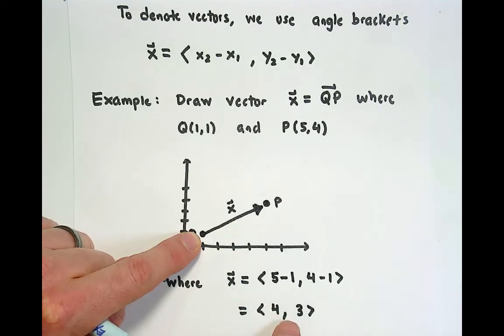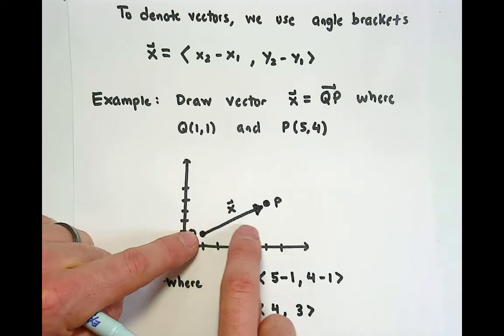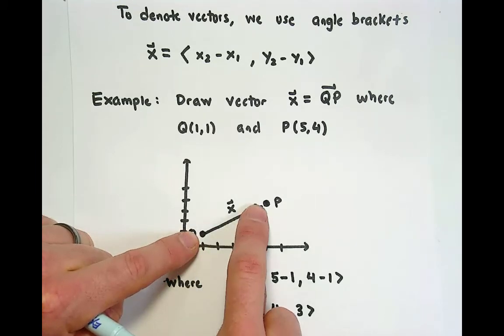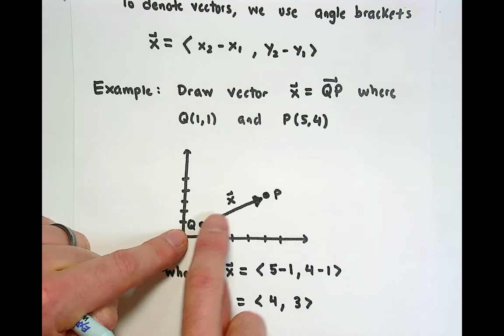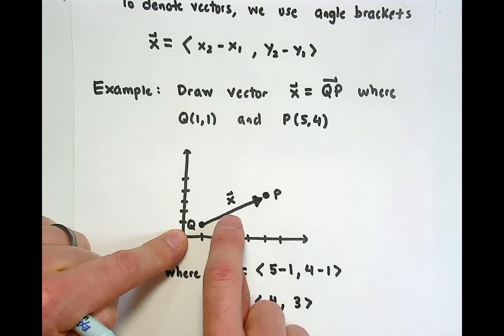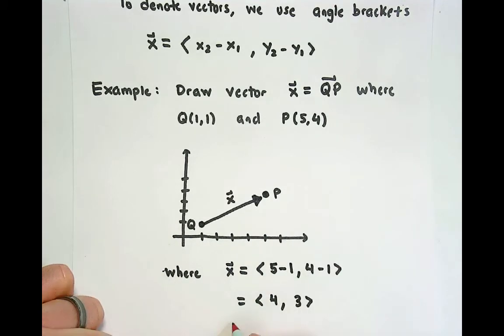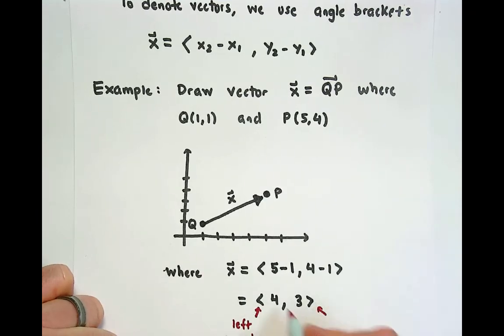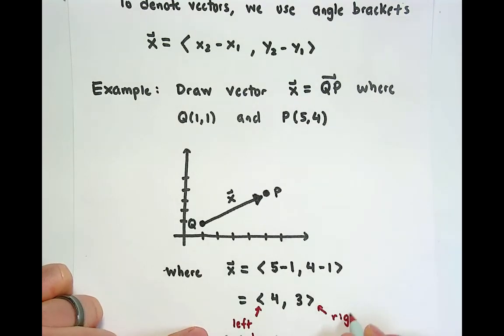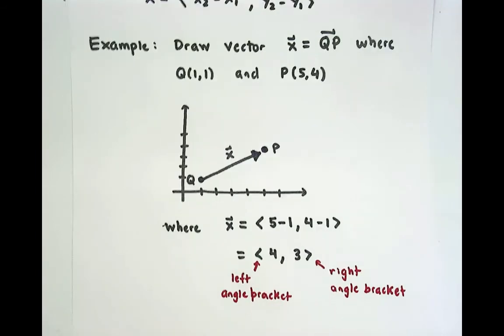The direction is to go 4 units over and 3 units up. And then if we have the initial point and the actual vector in this notation, we also have the terminal point. This is called an angle bracket. So this we call a left angle bracket. Notice it's distinct from a point. Points have parentheses, vectors have angle brackets, at least in this class. That's called a right angle bracket, and inside is a vector.